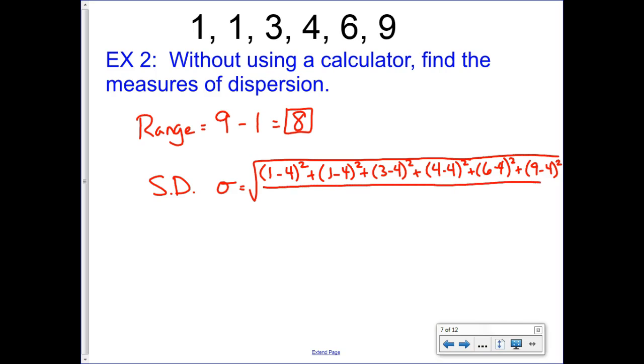All over 6. So now 1 minus 4 is negative 3, negative 3, negative 1, that's a 0, 2 squared, and then 5 squared. Now remember, when you square a negative, you're going to get a positive value.